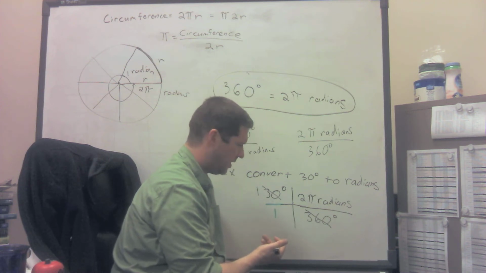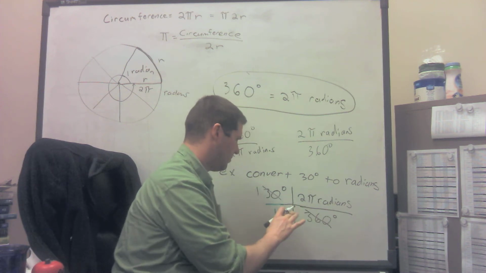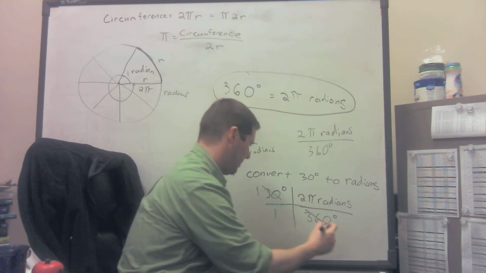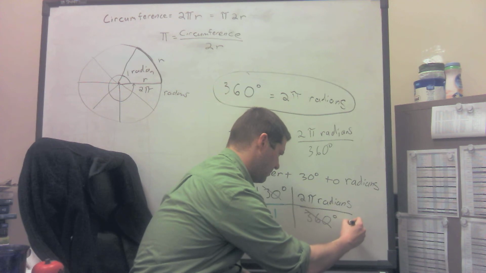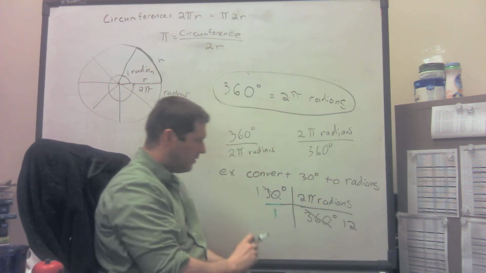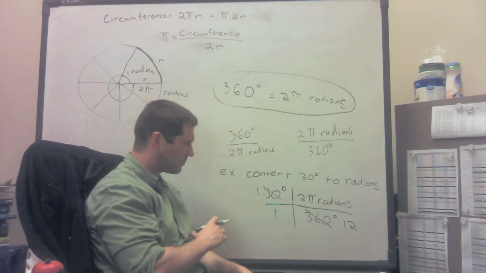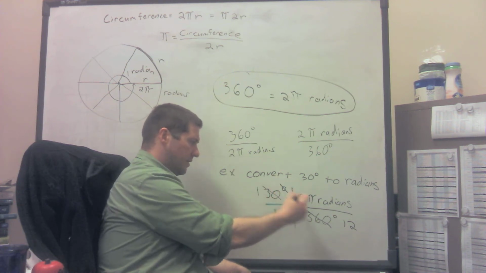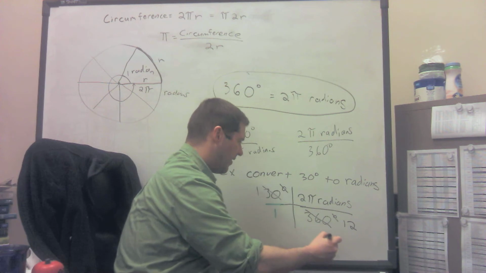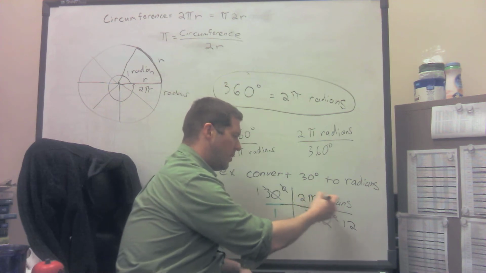I cancel 30 out of 360, and I'm left with 12. 12 times 30 is 360. And then finally, my degrees I can cancel out. So what I'm left with is 2 pi radians over 12.